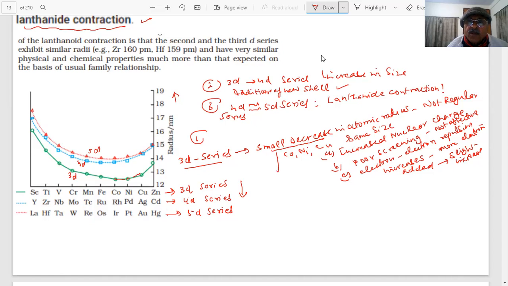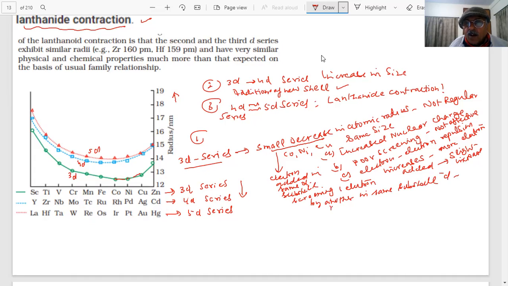The increase was small because the electron was added in the same d subshell, and the screening or shielding of one electron by another in the same subshell, which is d here, is not very effective. Imperfect.